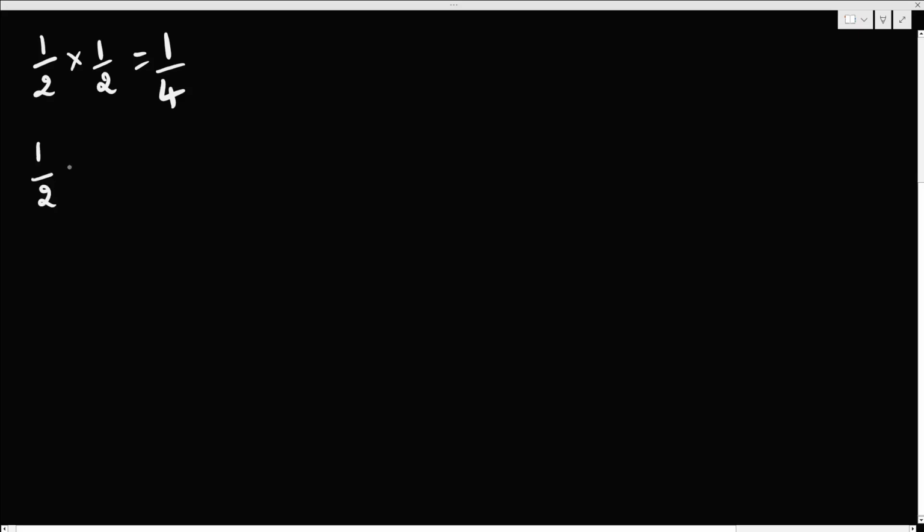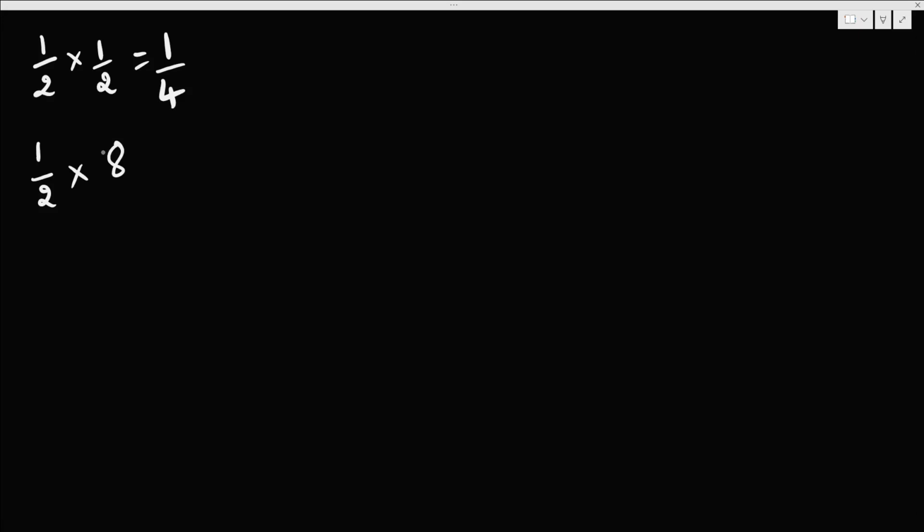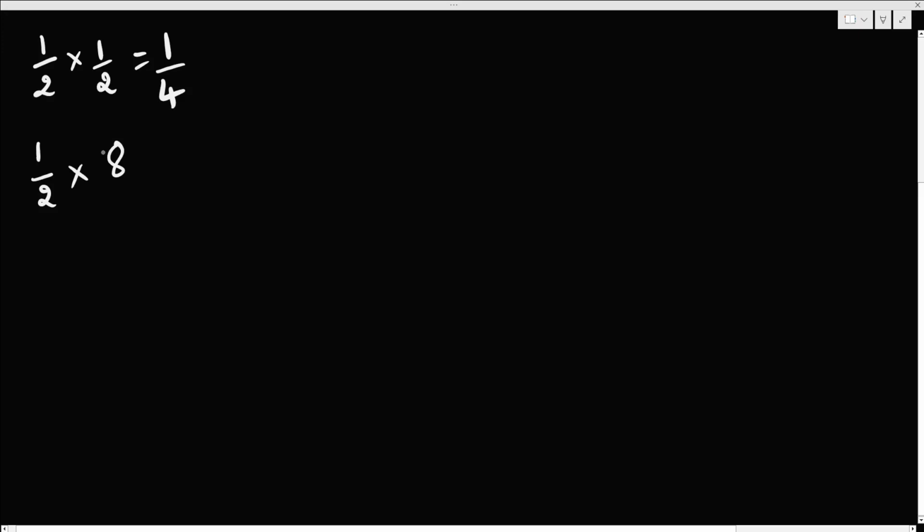1/2 times 8. Let's first understand what multiplying by 1/2 means. 1/2 times 8 means take half of 8. So let us take 8 equal boxes.